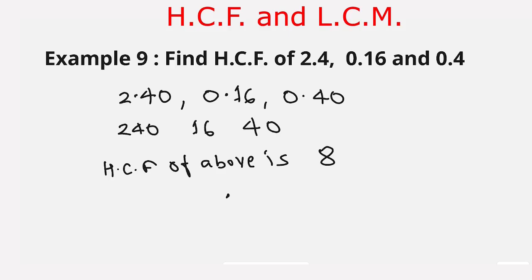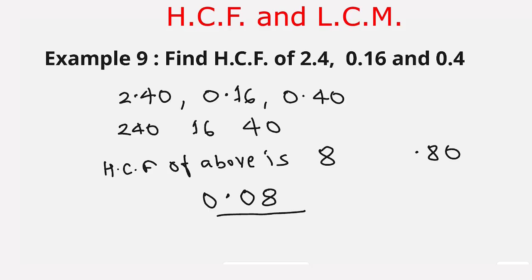We put decimal and put 0 and then we write 8. We cannot write 0.80 as 0.80 and 0.8 has the same meaning. So it will be not the 2 digits after the decimal. So what we have to do? We have to put the decimal and then put 0 and then write 8. So this will be our answer for our question. The HCF will be 0.08 of the given numbers 2.4, 0.16 and 0.4.